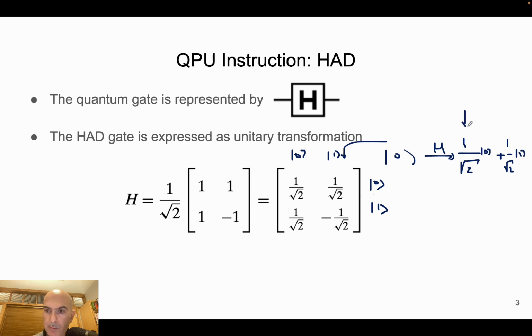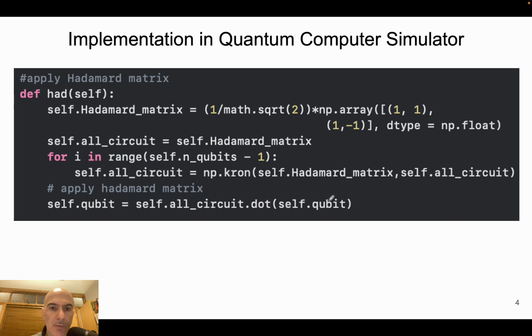So you see that the probability is going to be the same for measuring either state 0 or 1 after the observation. Also check here that there's a difference in sign. So if you have the state 1 as input and you apply the Hadamard gate, you will have 1 over square root of 2 multiplied by the state 0 minus 1 over square root of 2 multiplied by state 1. So there is this slight asymmetry that we will also see in the next slide.